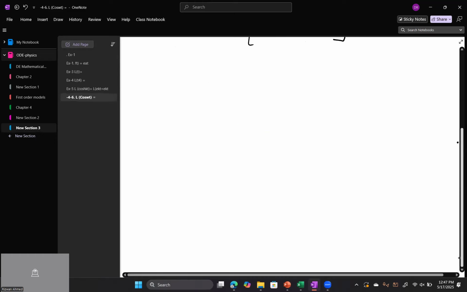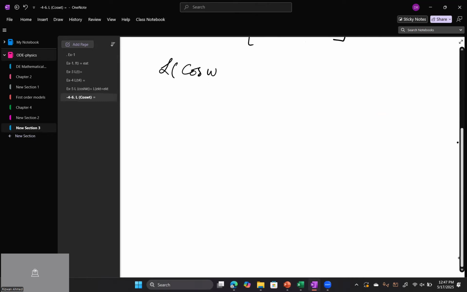So I can use this definition for the calculation of the Laplace transform. So I can write the Laplace transform of cos omega t as the real part of the Laplace transform of e raised to the power iota omega t plus e raised to the power minus iota omega t, divided by 2.